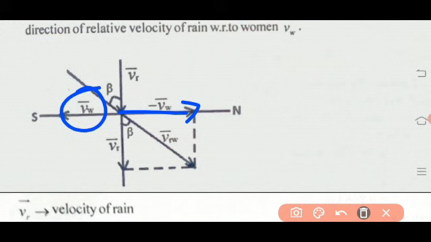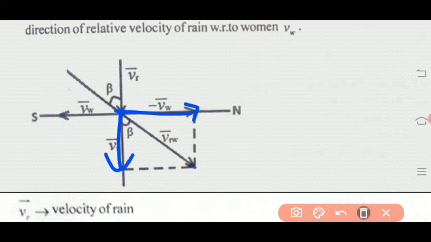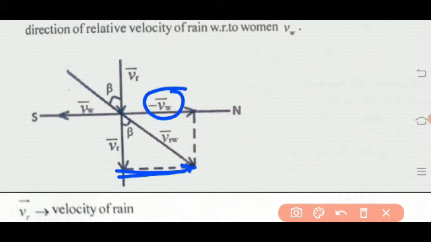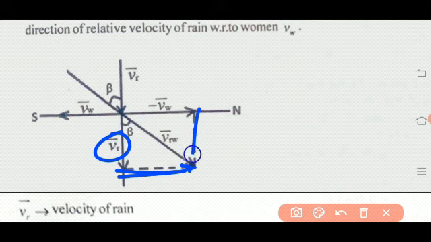Now we have two vectors, VR and minus VW. Using the parallelogram, draw the parallel vector for VW, and similarly the parallel vector for VR, then join the intersection. That is the resultant, VRW.